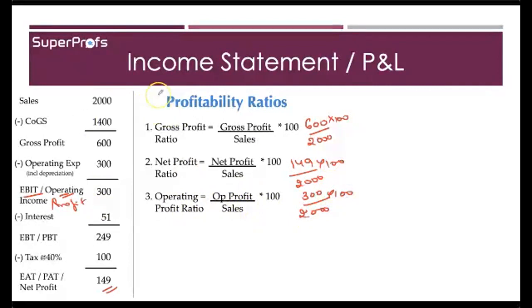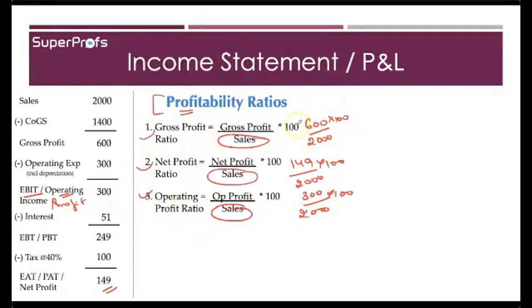All right. So you can see that the profit is calculated with respect to the common denominator, that is sales. So these profits are very easy to learn. You know what gross profit is, you know what net profit is, and you know what operating profit is.